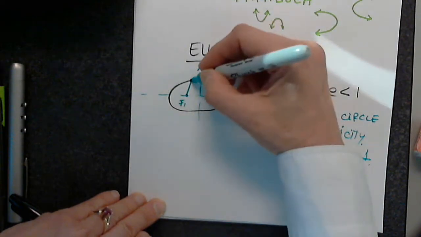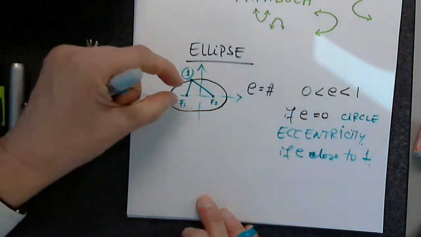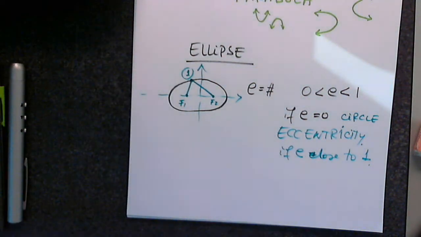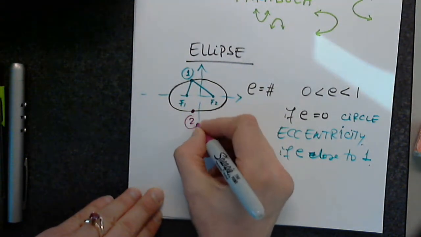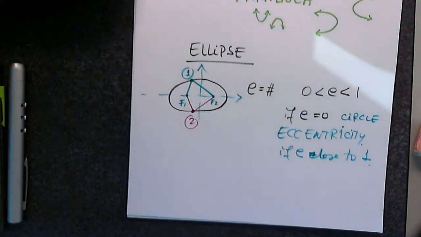The sum of these 2 distances, this plus this, will be identical with the sum of this plus this, for any point on the ellipse. So the sum of the distances between any point on the ellipse and the foci is a constant.